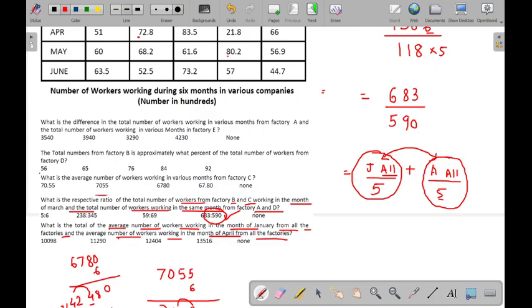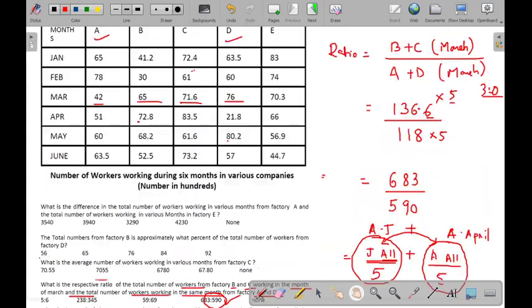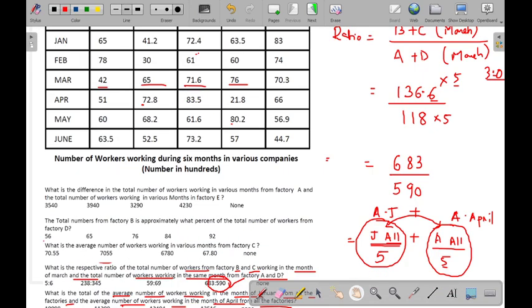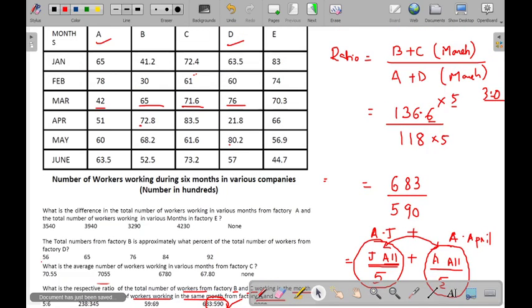This is of January, and this will be the average of April. You have to find out their sum. So what we have to do is add all the workers in the month of January in all the factories. So we have to do a Jan total, then we have to do an April total.